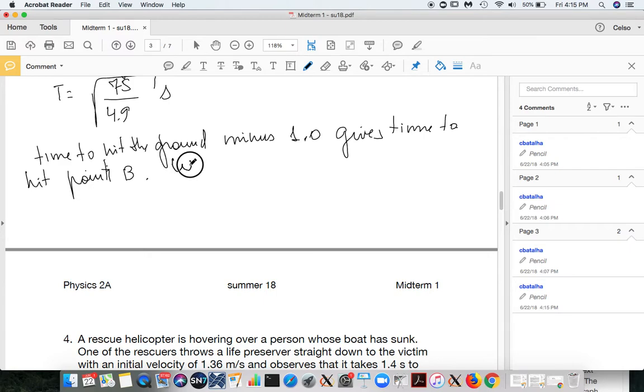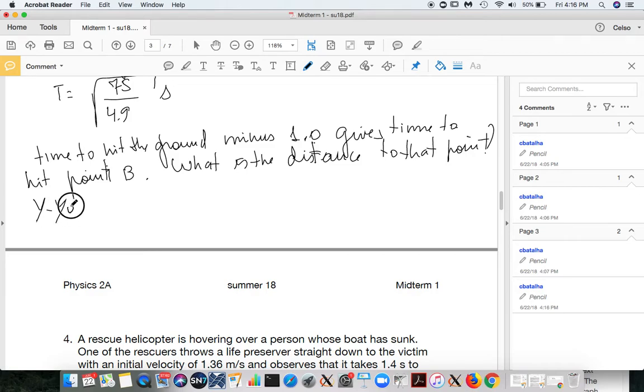So what is the distance to that point? What is the distance? So this is a tough one. Perhaps some of you might find some easy way to do it. Well, the distance is y minus y naught equal to v naught t, which is 0.